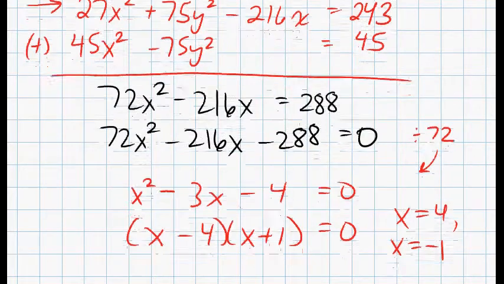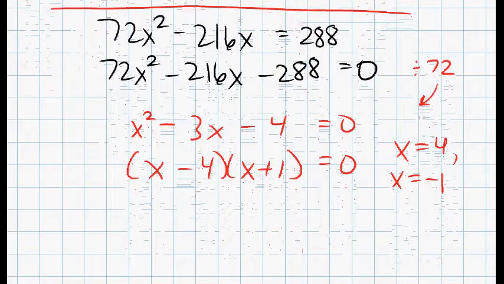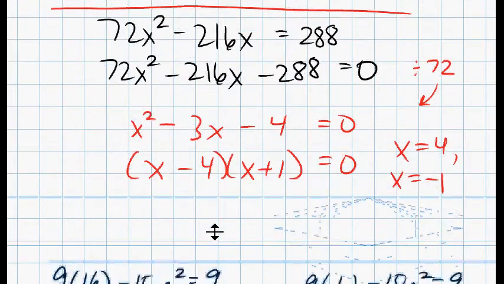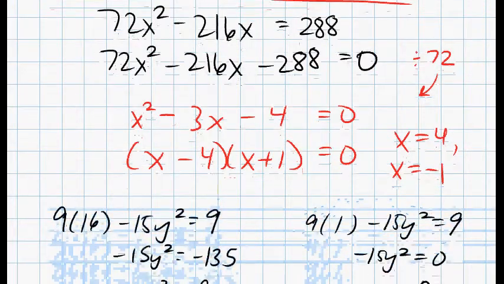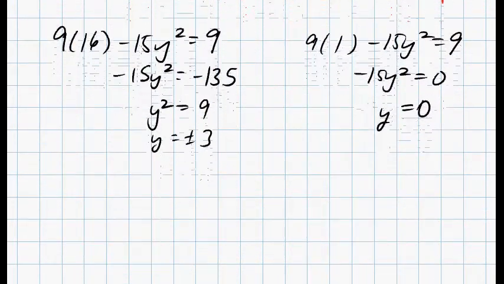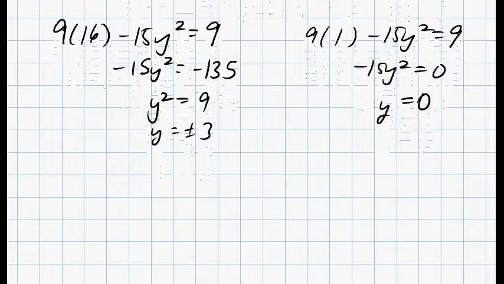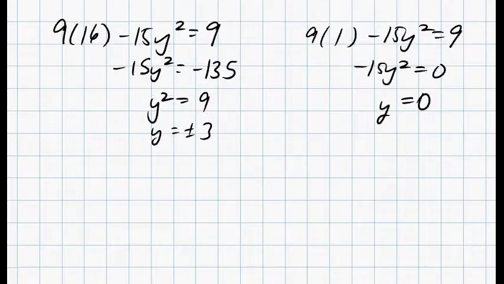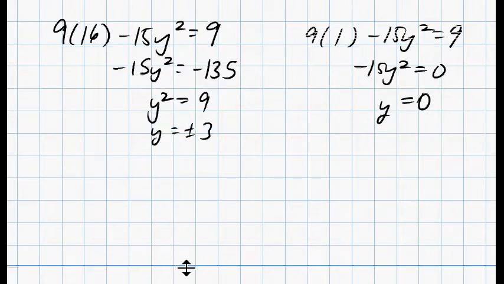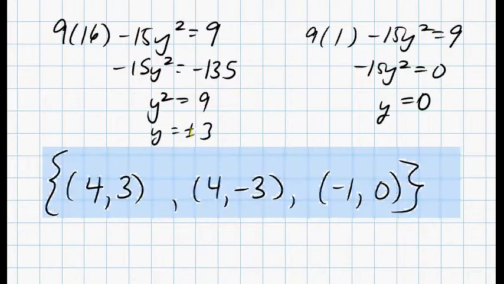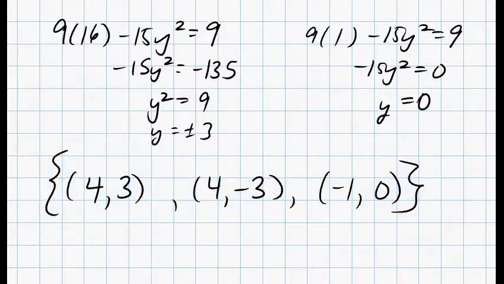And when you plug in those two x values, you get y values of positive and negative 3 and also 0. So you have to write down all of your points. Your solution set is the points 4, 3, 4, negative 3, and negative 1, 0.